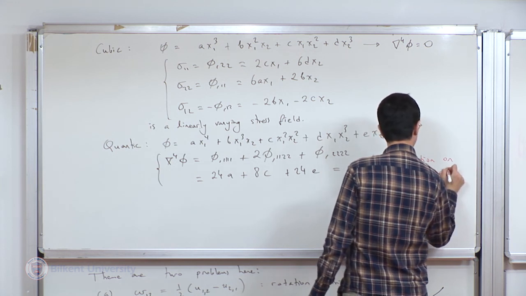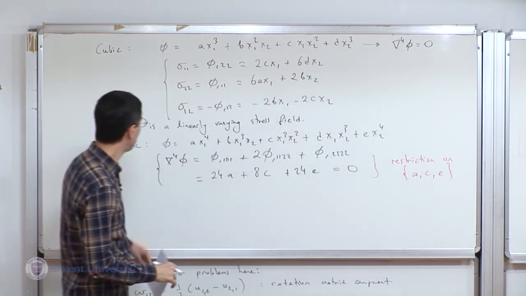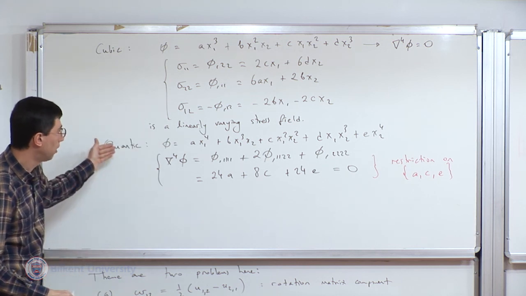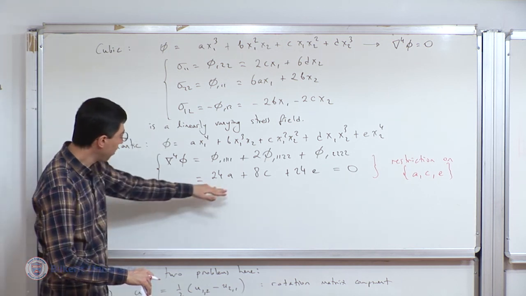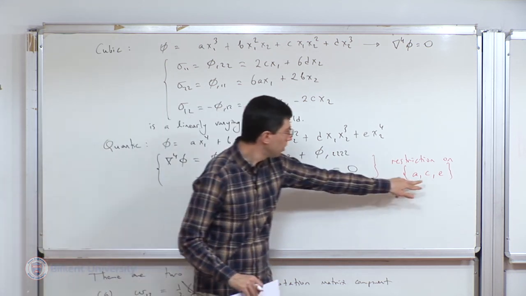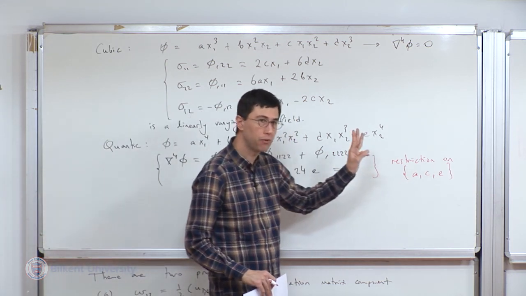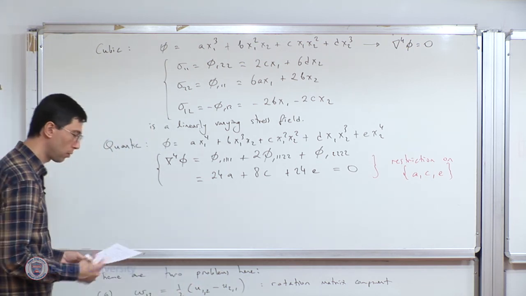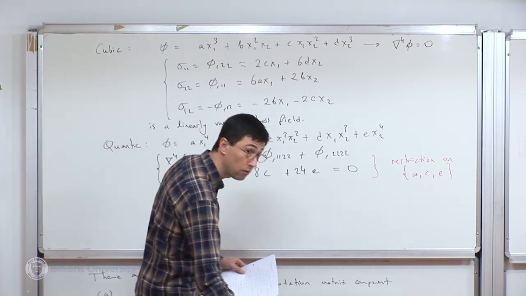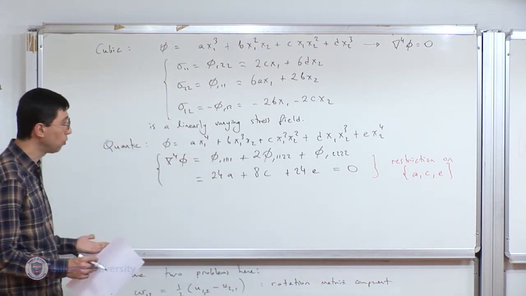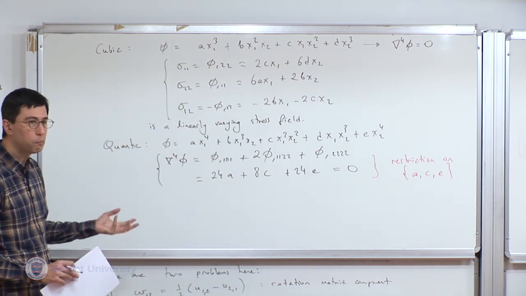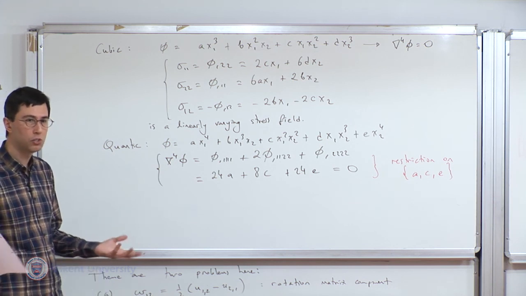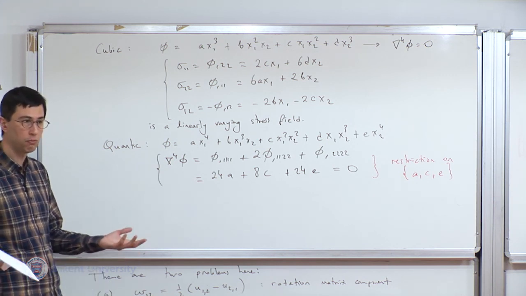And the form of the Airy stress function, this quartic Airy stress function, has 5 constants. And the compatibility imposes a restriction on 3 of them. Okay? So these constants eventually need to be determined so as to satisfy this constraint. If I don't satisfy it, the implication is that I will have a solution with which there is no physical displacement field associated.